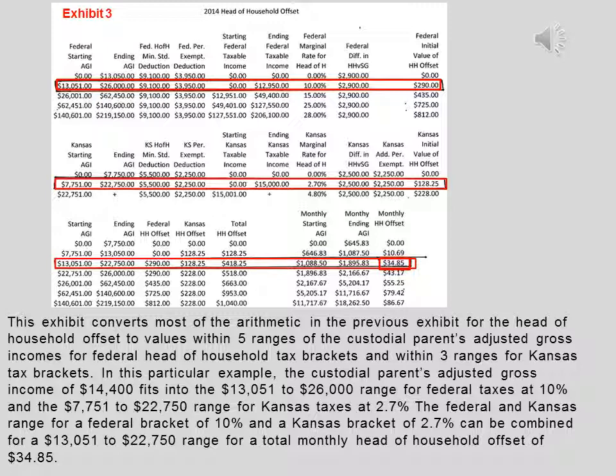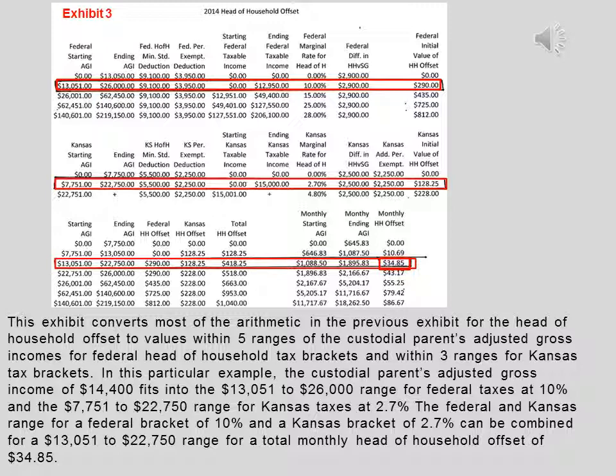In this particular example, the custodial parent's adjusted gross income of $14,400 fits into the $13,051 to $26,000 range for federal taxes at 10% and the $7,751 to $22,750 range for Kansas taxes at 2.7%.